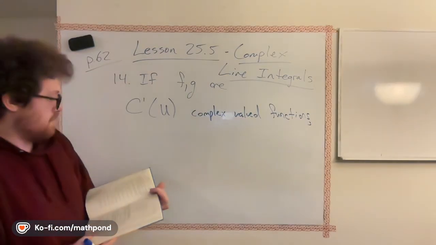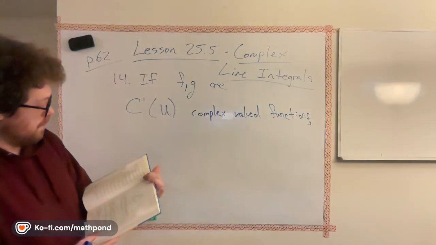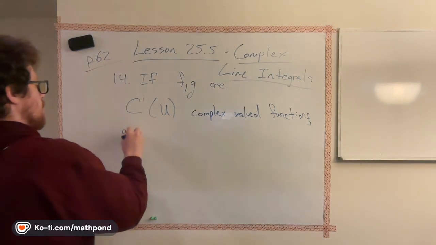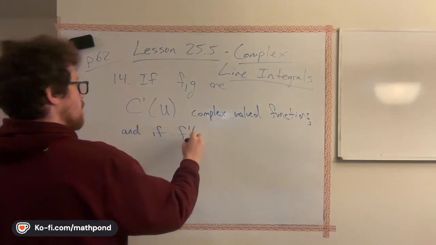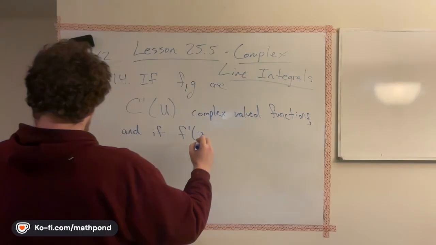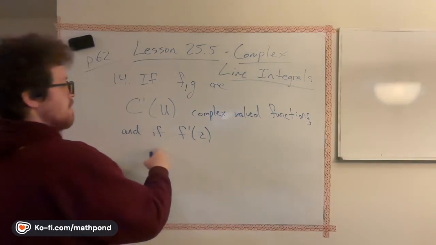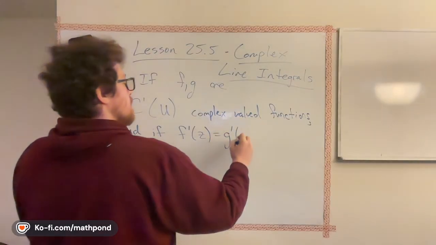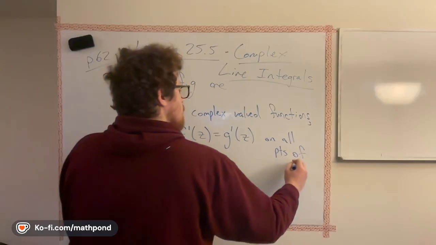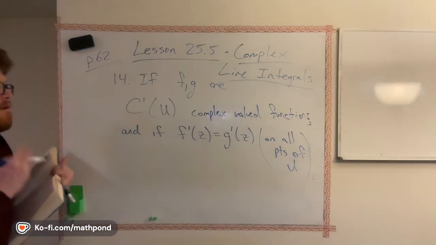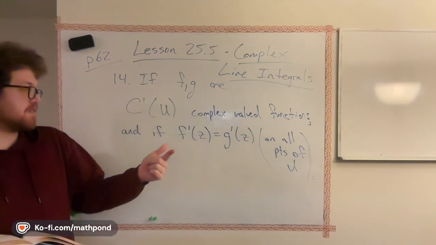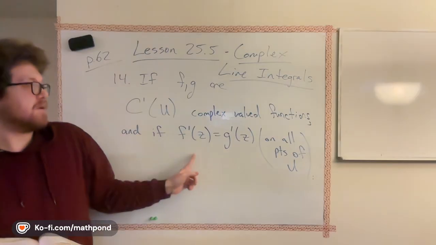So if this is true on U, and if f prime and g prime exist on U, and if f prime of z equals g prime of z on all of U, so basically we're assuming these two functions are complex valued, they're continuous, their derivative is continuous, and the derivative exists at all the points, and they're equal.